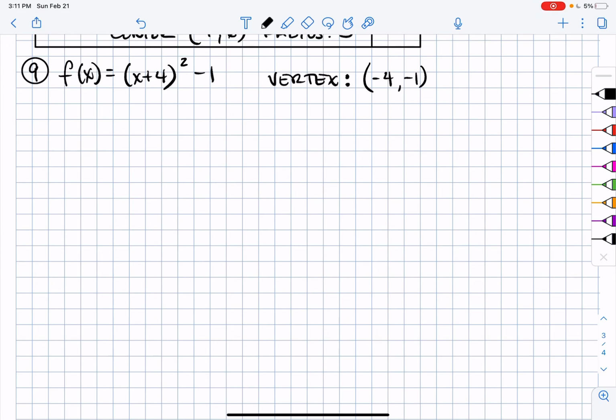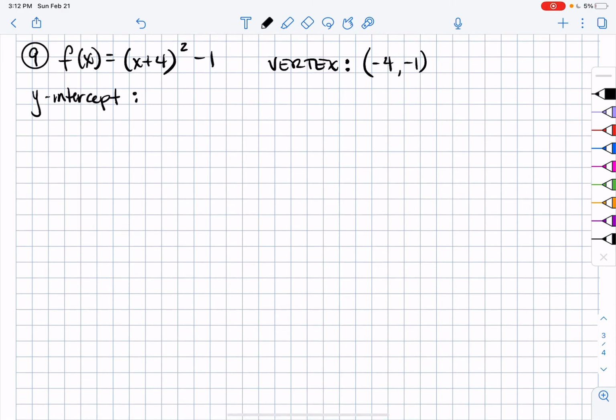So let me do the y-intercept. Well, that is when x is equal to 0. So I got to find f of 0, and that's going to be 0 plus 4 squared minus 1.